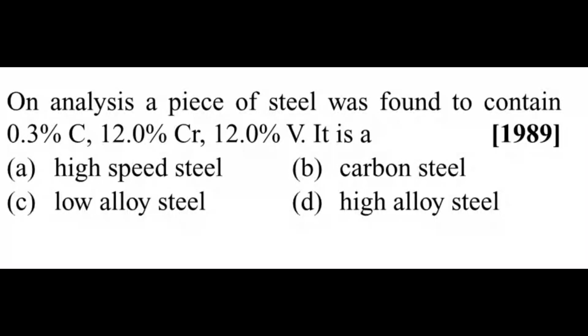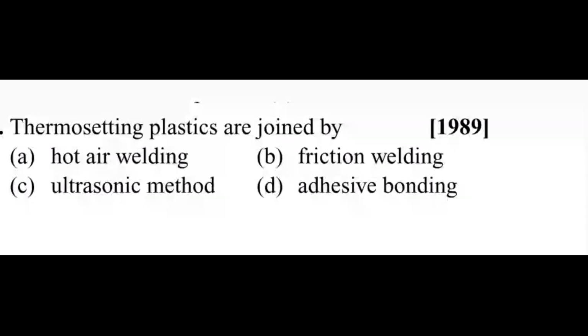On analysis, a piece of steel was found to contain 0.3% C, 12% Cr, 12% V. It is a... Thermosetting plastics are joined by adhesive bonding.